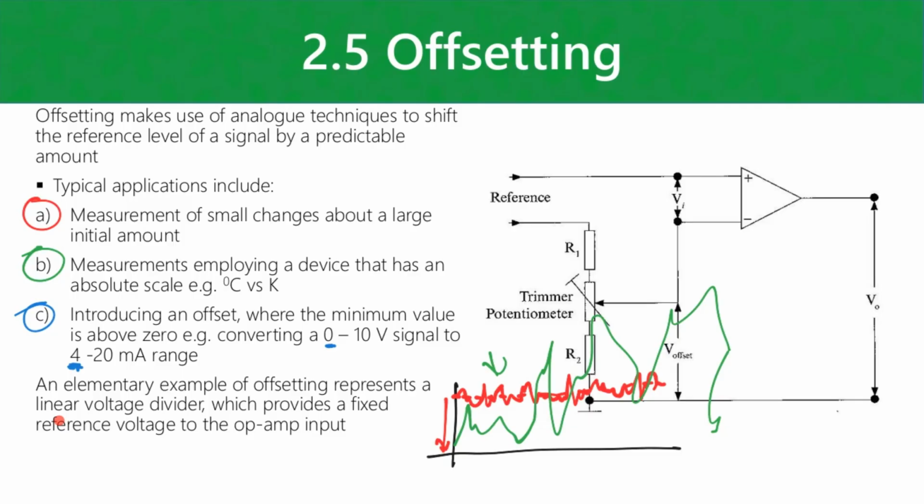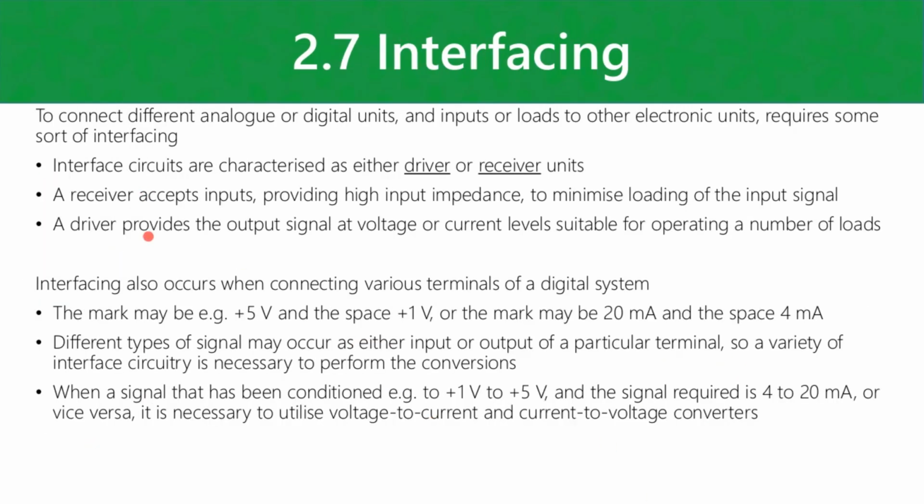It's the same thing if you were to go, let's say, from a 0 to 5 volt system to a 1 to 10 volt system, then of course you will again need some offsetting there to achieve that 1 volt on the output from a 0 volt input. Right, so that's essentially where your offsetting is used.